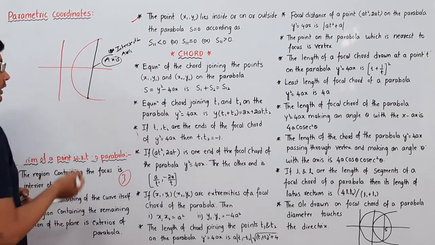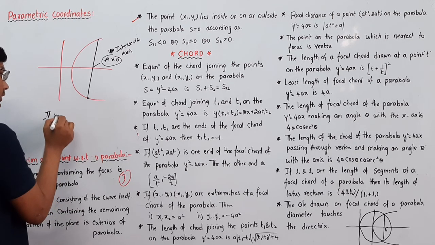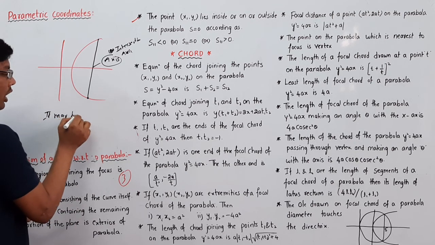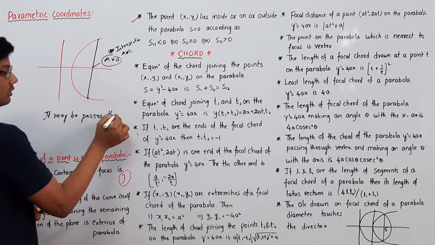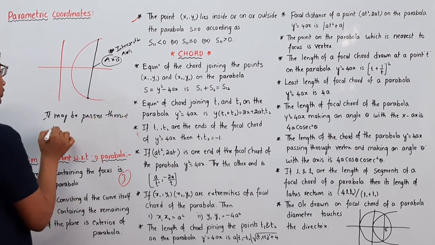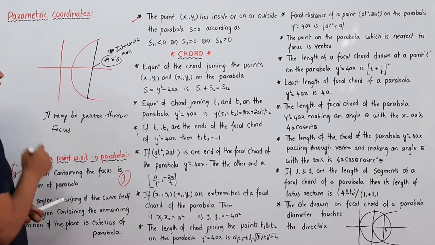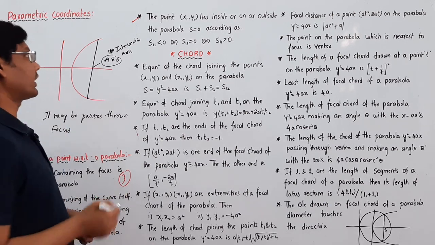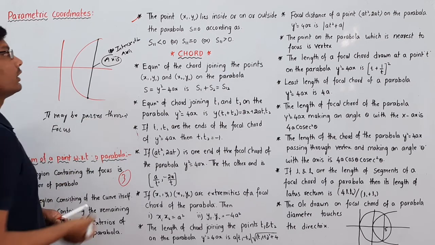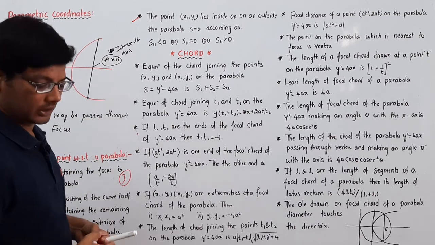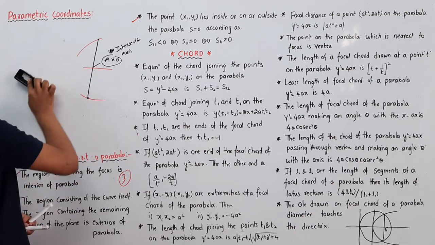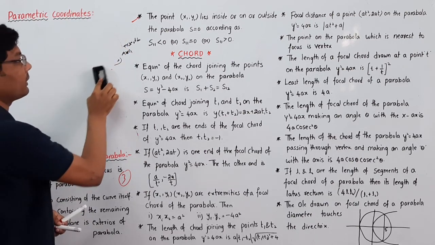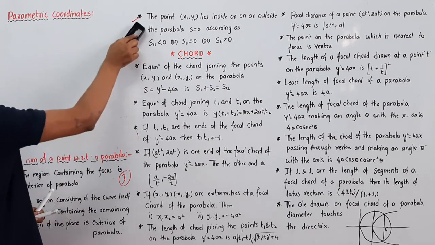It may pass through the focus, and if not, it is also a chord. A chord should touch 2 points of a parabola and intersect at 1 point on the principal axis. Simply, that is a chord.